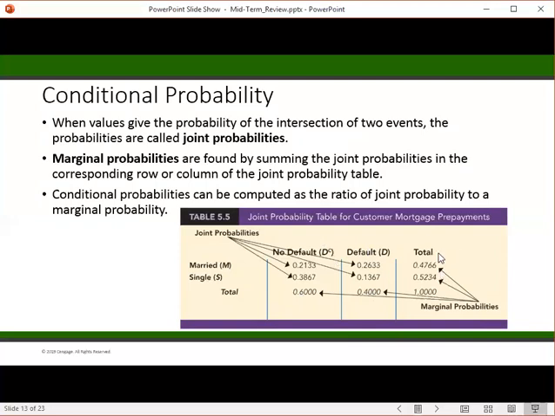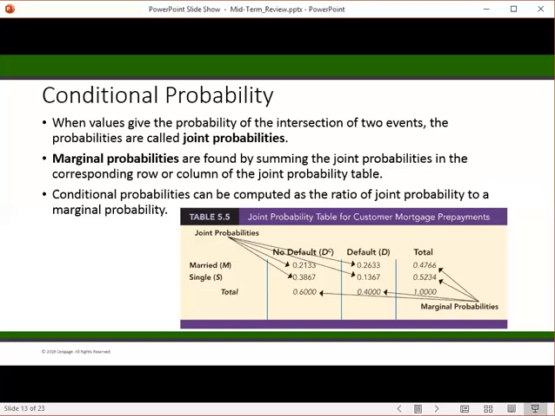Likewise, the marginal probabilities for the rows, the probability you're married is 47.66%, and the probability that you're single is 52.34%. So when values are given the probability of the intersection of two events, the probabilities are called joint probabilities.